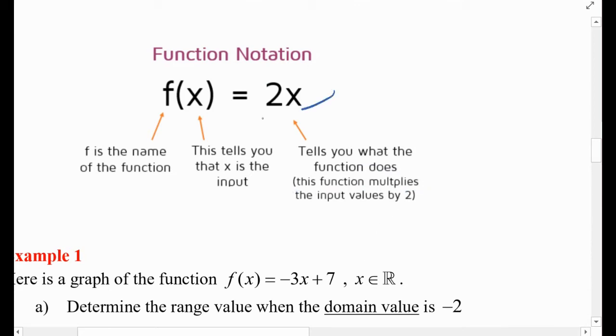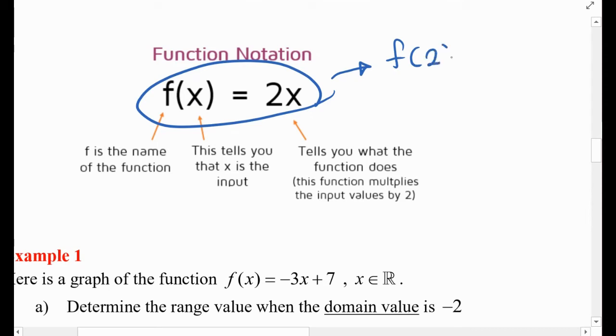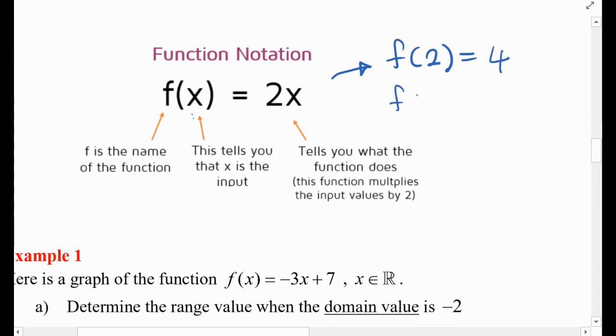So you start from the function notation, the rule, and if you want to find the output value when x is 2, f of 2, f of 2 is 2 times 2, right? So it becomes 4. F of 5, 5 times 2 becomes 10. So this is how you represent input and output values using function notation.